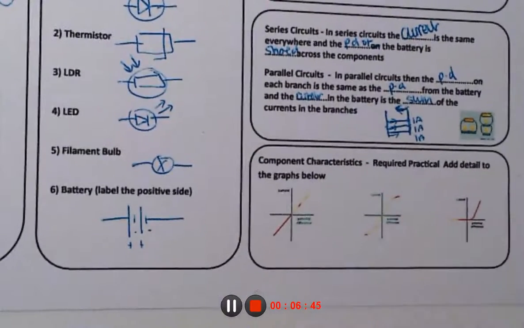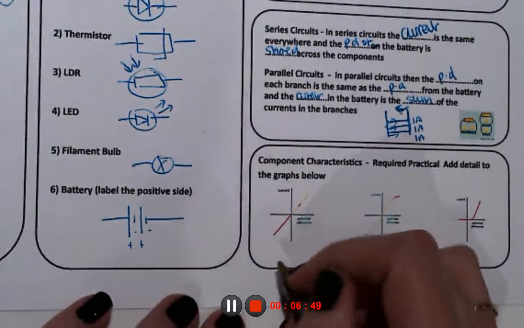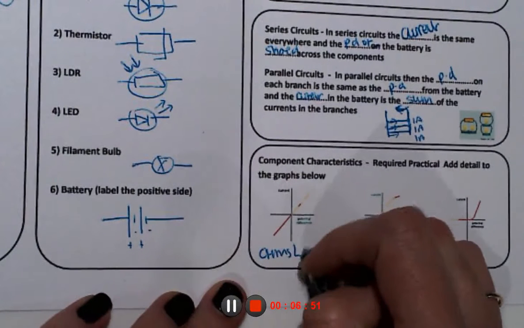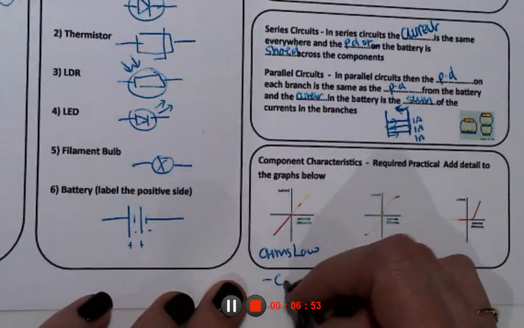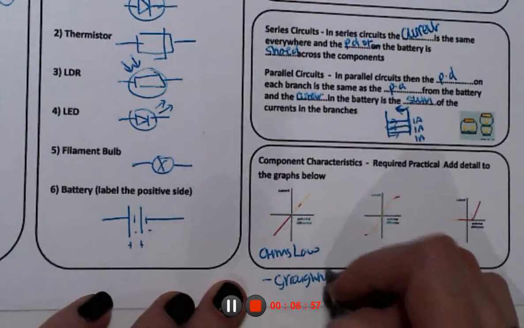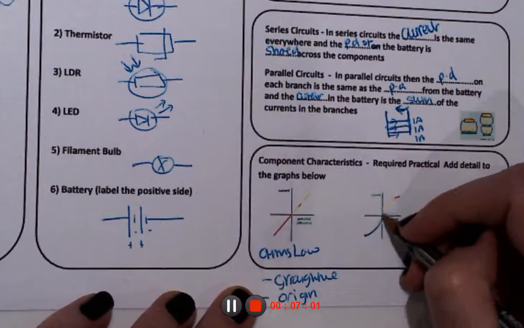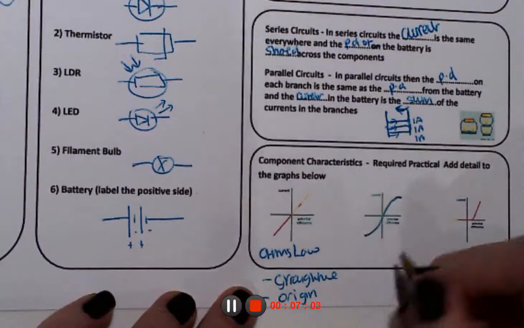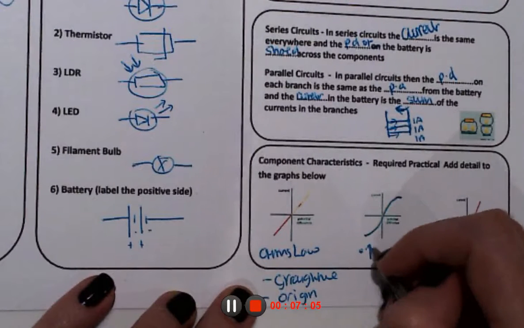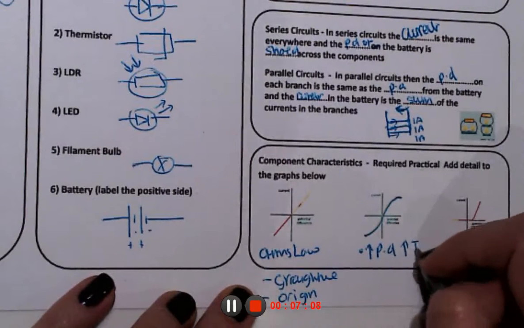Okay, for this last one, we're looking for the graphs. So we would say this one is Ohm's law. It's a straight line through the origin. Okay, this is a bulb or a filament lamp. So initially, as you increase PD, you increase current.